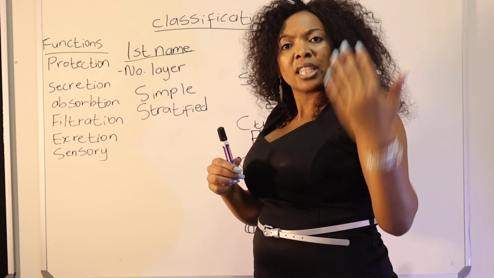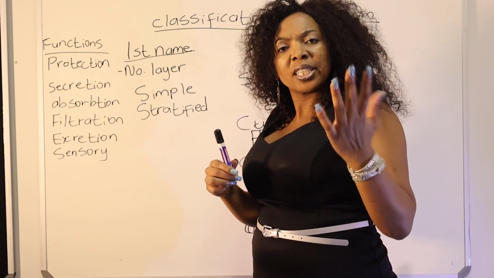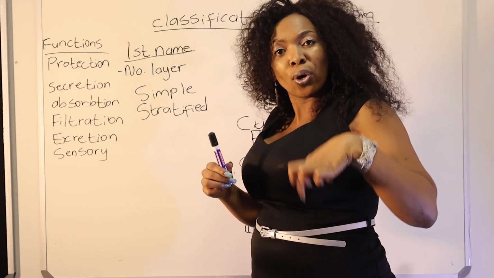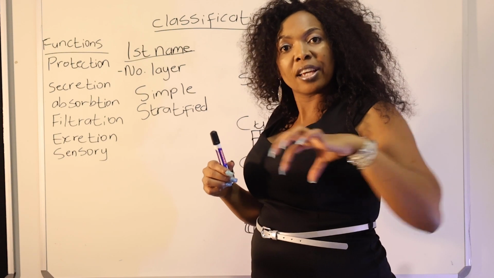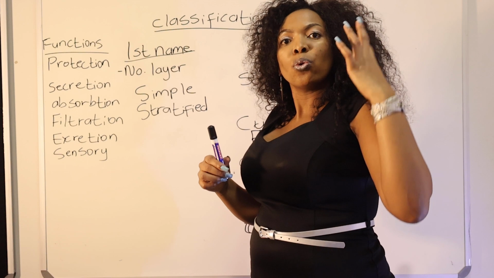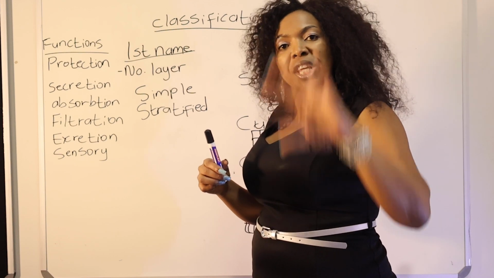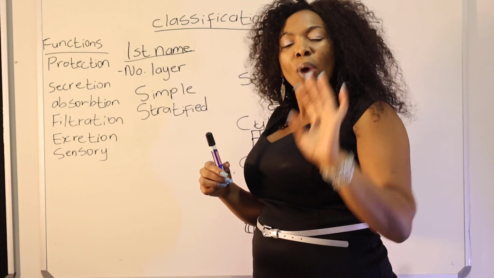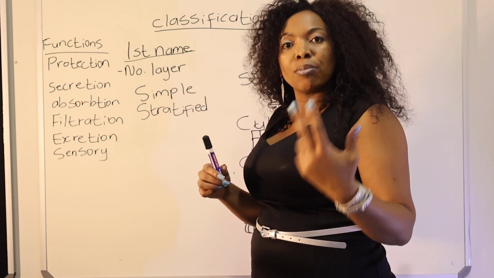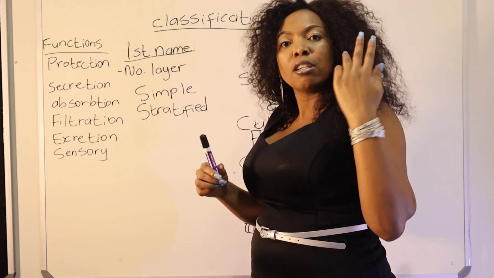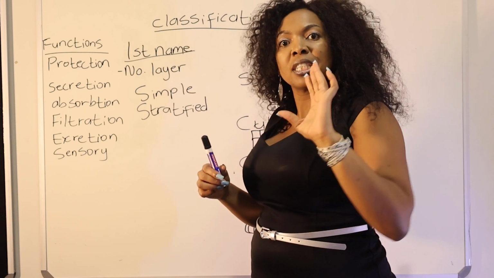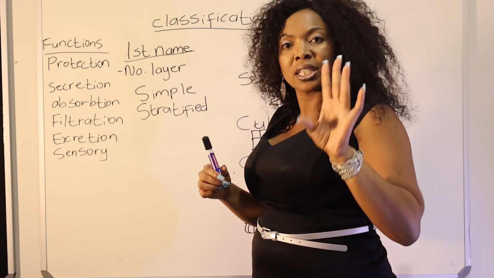So for the digestive system and the respiratory system, particularly in the alveoli where the exchange takes place, we need the simple. You will see when we go in depth in another video that the epithelium in the respiratory system can also change depending on which part of the respiratory tract we are focusing on.